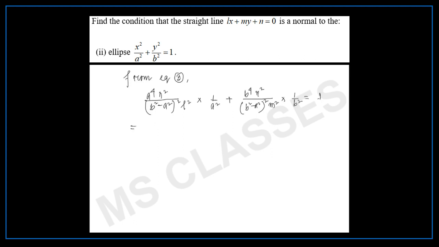And we can rearrange this and we can write a square by L square plus b square by m square equal to (a square minus b square) whole square by n square. (b square minus a square) whole square and (a square minus b square) whole square are the same thing, so I have written it in the form of a square minus b square. As here also we have a square by L square, just to make a symmetry, I have written (a square minus b square) whole square.